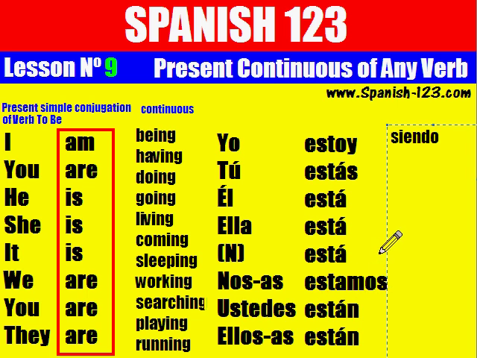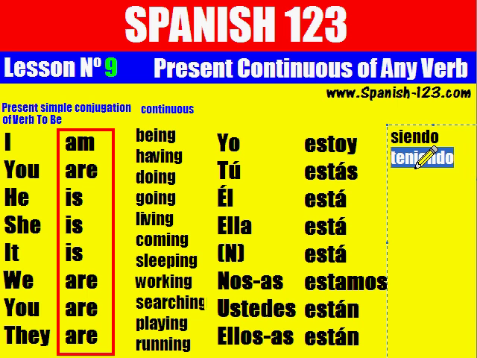Now you will learn this verb trabajar. Well, the next is you are having. Tú estás teniendo. Teniendo from verb tener. Don't worry, because we are going to study these verbs in other lessons.